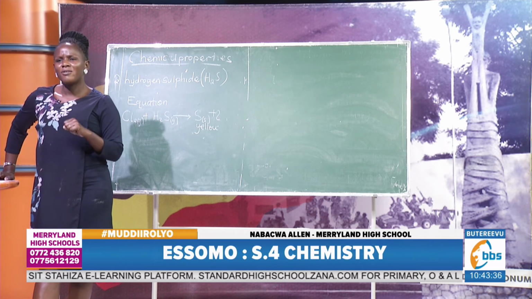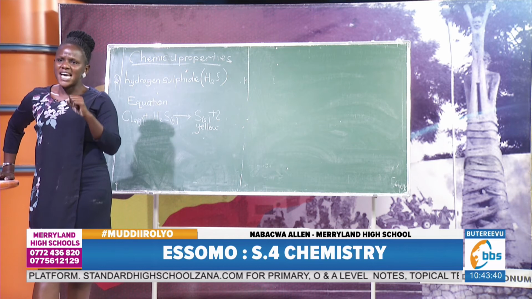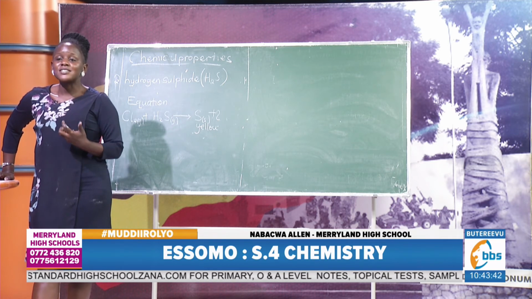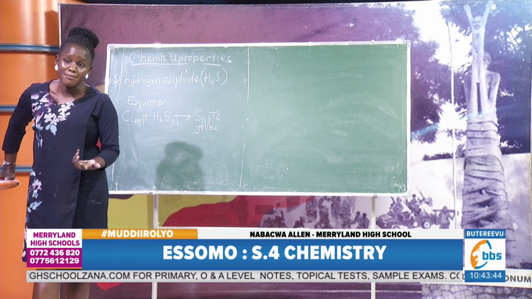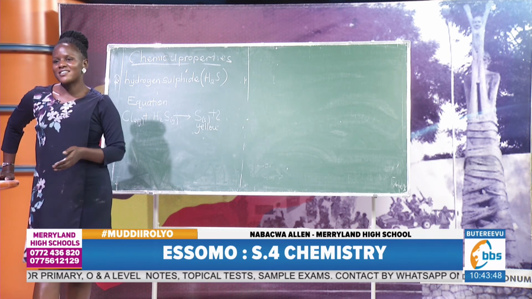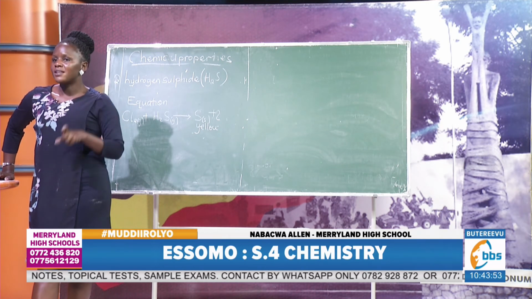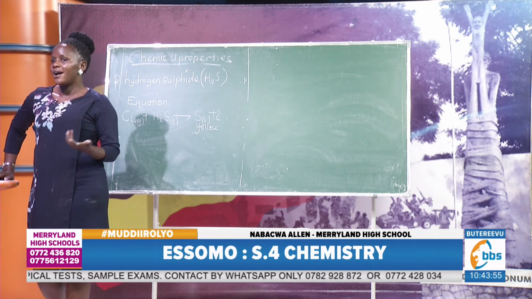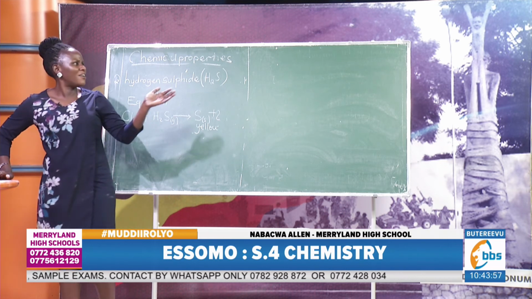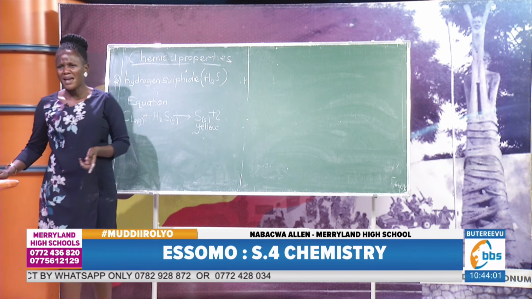But though they are the most reactive nonmetals, their intensity of reactivity is not the same. Reactivity decreases down the group. It means that fluorine is the most reactive, followed by chlorine. Therefore, the reaction of chlorine with fluorine is very explosive.